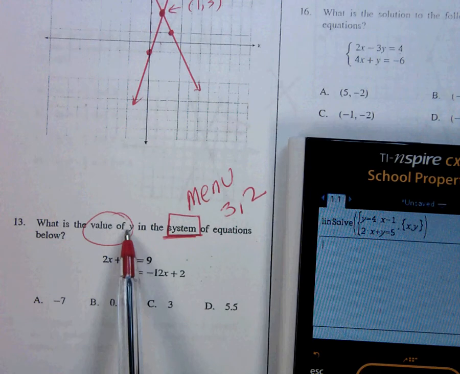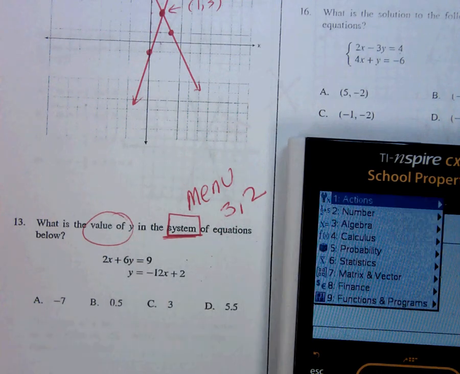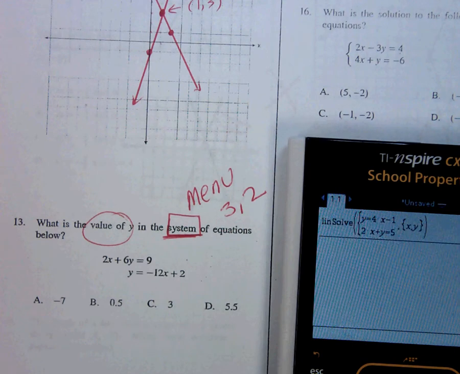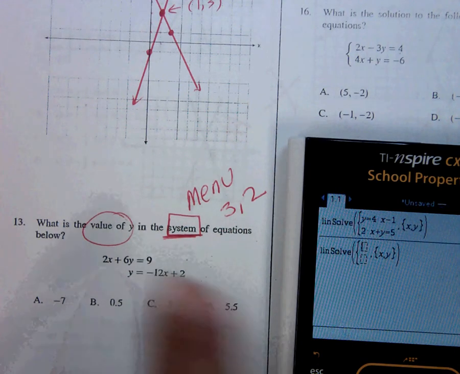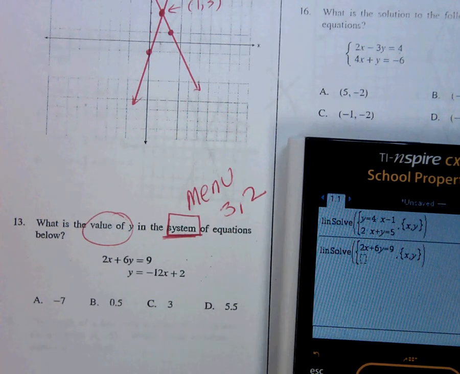What is the value of y in the system? Menu 3-2. Type it in the top. Type in the bottom just the way you see it. They do not line up. And this is the solution.